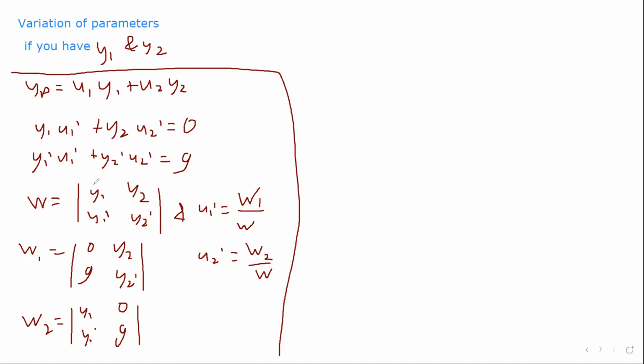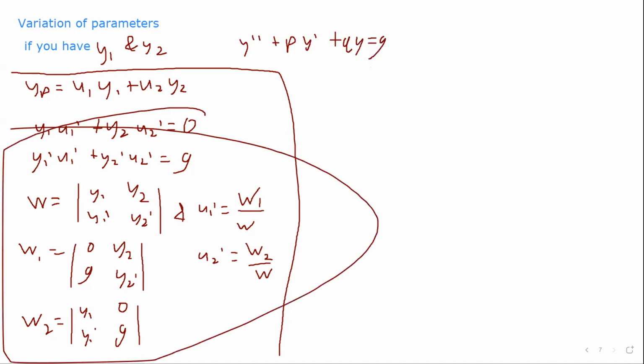Also, g is, if you recall, the right side of the differential equation in standard form. So if you have y double prime plus p y prime plus q y equals g, then you can use this.